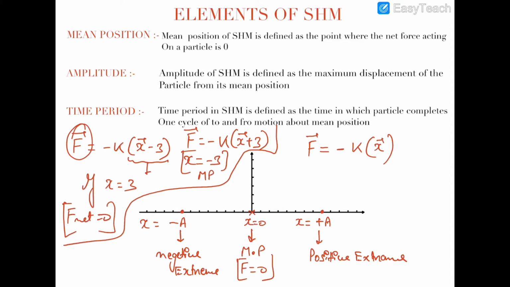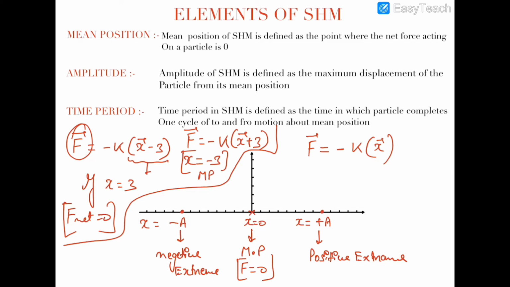Now let us see that the particle is going to a maximum x is equal to +a point, which is also called the positive extreme, and it is going to a minimum x is equal to -a point, which is also called the negative extreme. So we can say that the particle is performing SHM, or to and fro motion, about the origin, which is the mean position, between -a and +a.